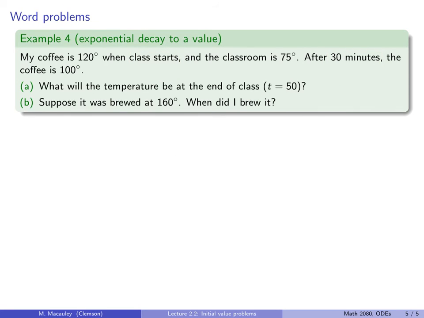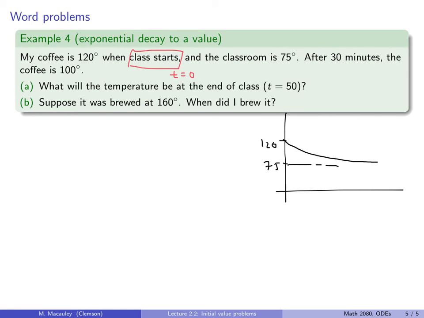So let's think for a moment. T equals, when class starts, this was T equals 0. And if we're going to plot what the solution looks like, say this is 75, and so 120 is up here, and the temperature of the cup of coffee looks like this.